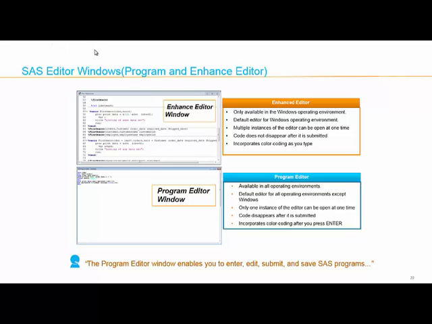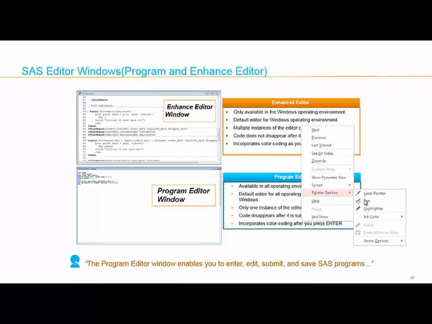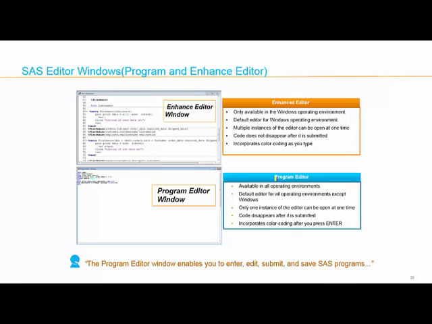These are the available features of the enhanced editor. Similarly, when you want to use a program editor, these are its features. So let us discuss one by one why to use an enhanced editor over a program editor, or when to use a program editor instead of an enhanced editor.